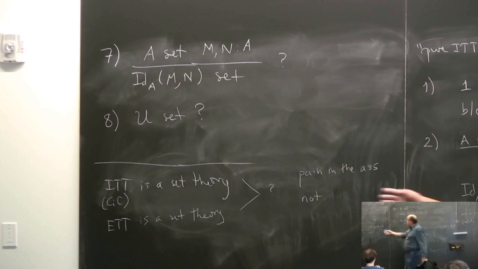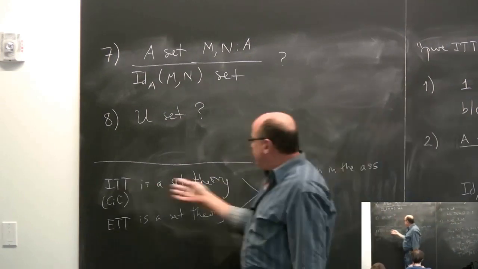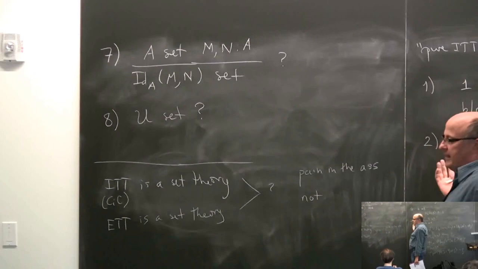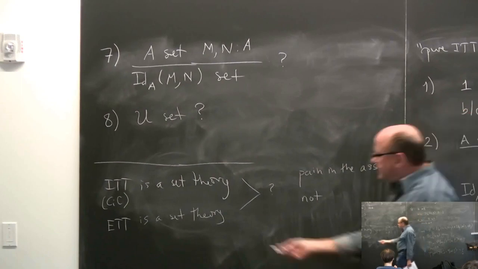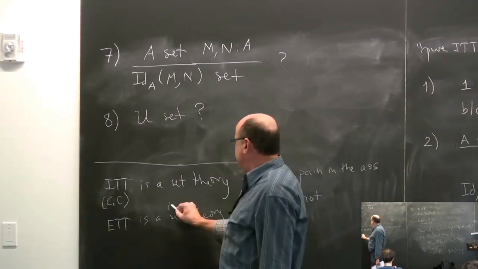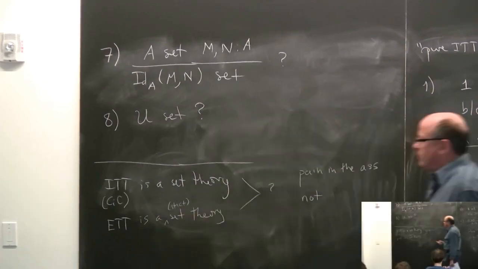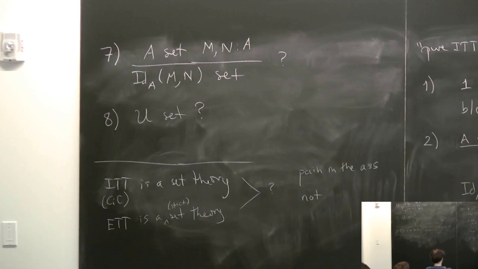So what's been happening historically was that in ITT, you were paying all the price of higher dimensionality without having any of the benefits, because it wasn't exploited. Whereas ETT is really a strict set theory, meaning that it's not even up to higher homotopy; it's defined strictly that all the types are sets.